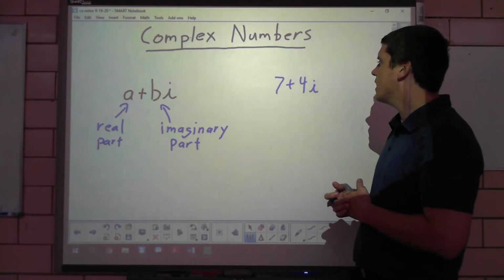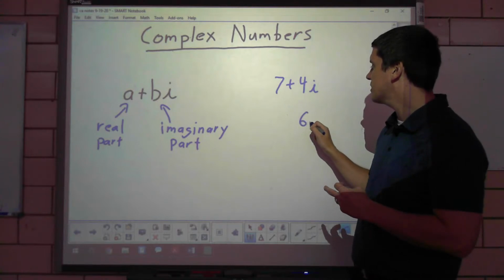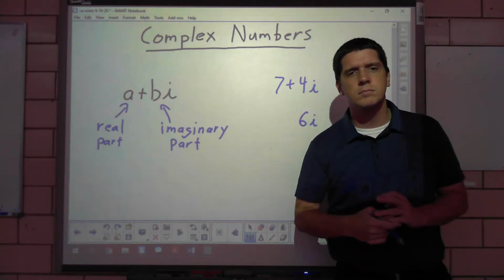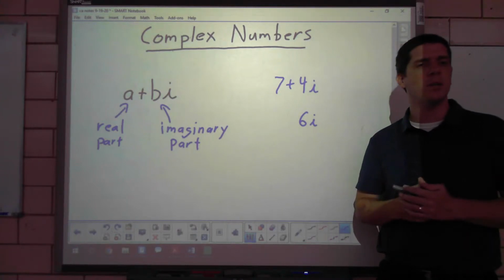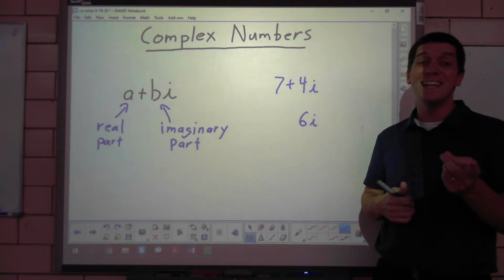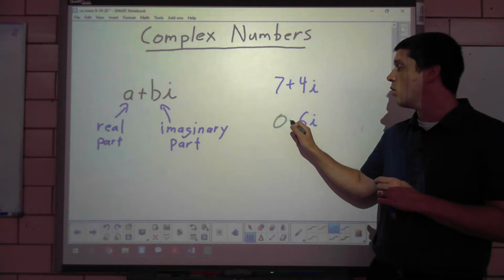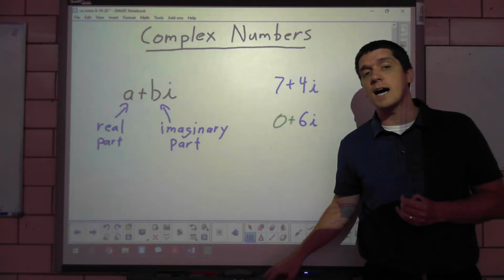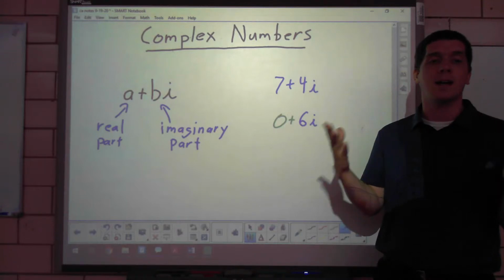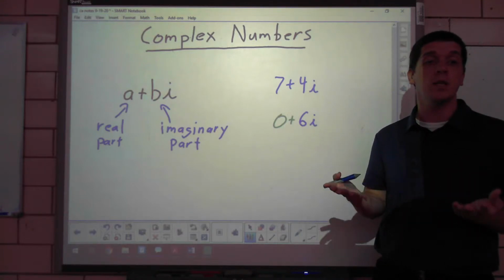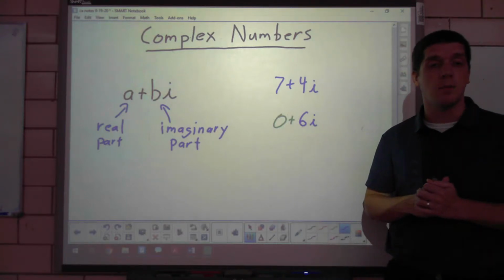If I were to say 6i, is 6i a complex number? Really, it is. Because I could always say 0 plus 6i. Now, it wasn't written in that complex number format, but really, I could write it as a complex number.